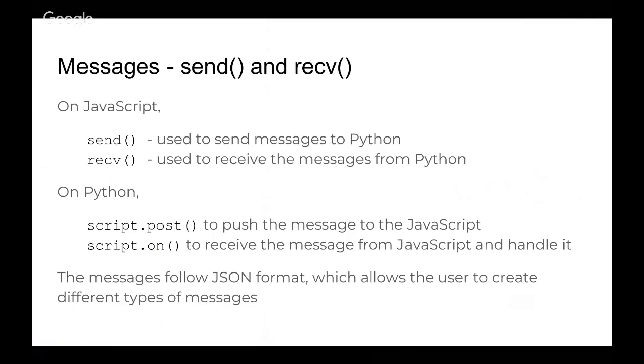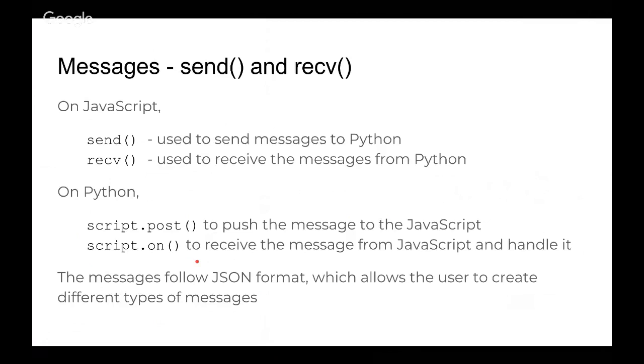I talked about messages. Now let's talk about it in detail. In JavaScript, there are two functions which deal with it: send and recv. Send is used to send messages to Python, and recv, which is receive, is used to receive the messages from Python. On the Python side, in the Python script we are writing, we just say script.post, which sends or pushes the message to JavaScript, and script.on, which executes when it receives the message from JavaScript and handles it.